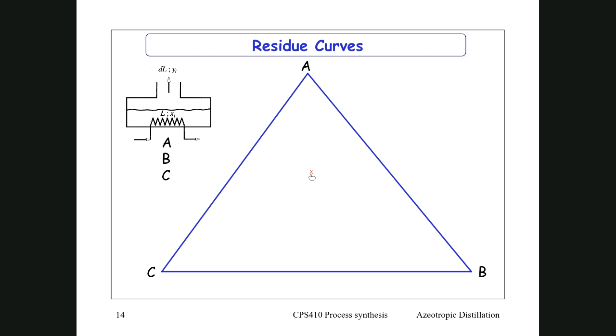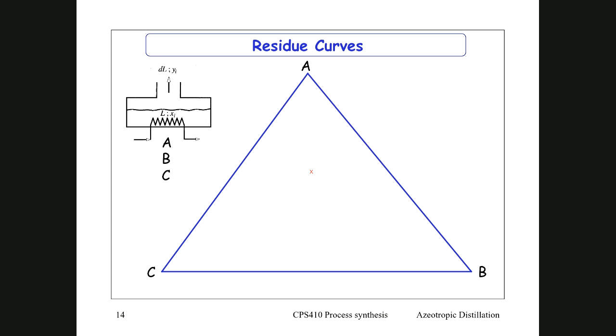Now, as we start boiling off liquid from that residue, in which direction will the liquid composition move? It's going to move generally away from the lightest component, and towards the least volatile component.